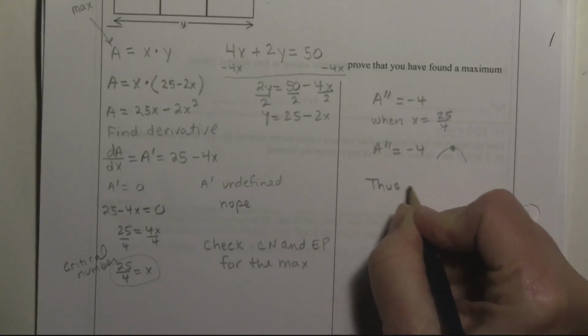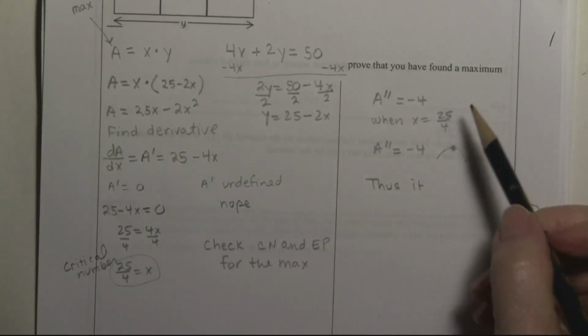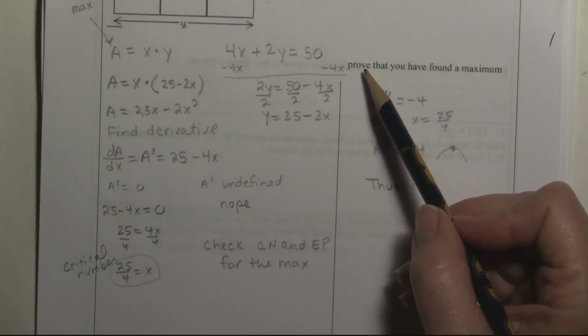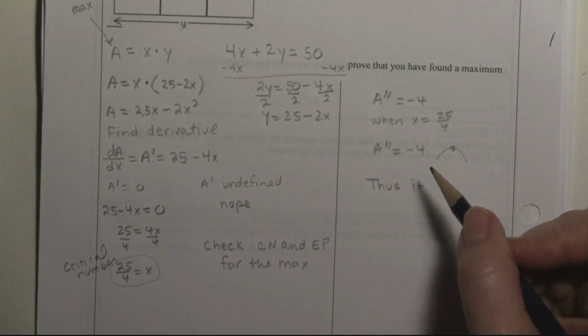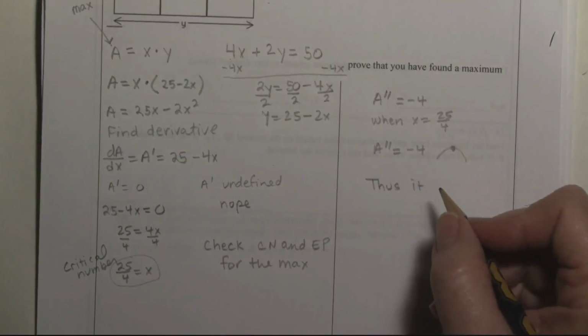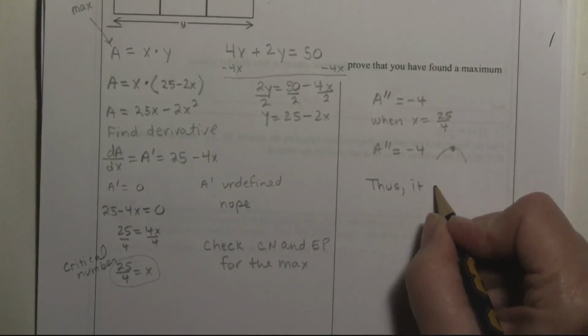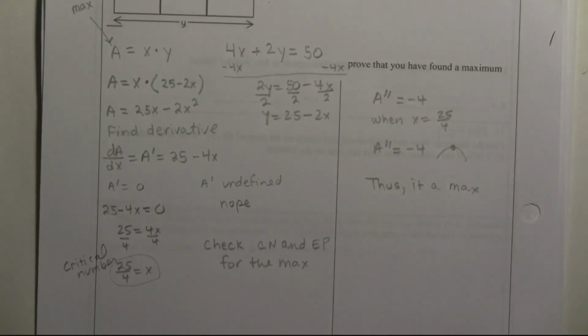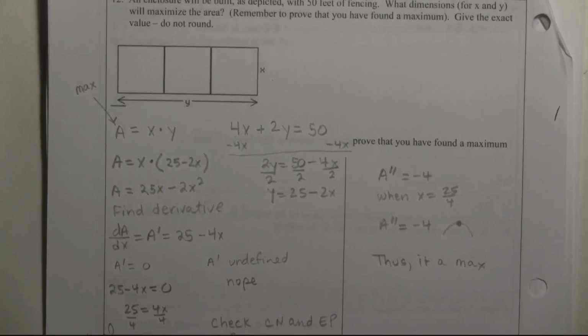So I say prove lightly here. I'm going to go more with verify that it's a max, and I'm using the second derivative test to verify that it's a max.